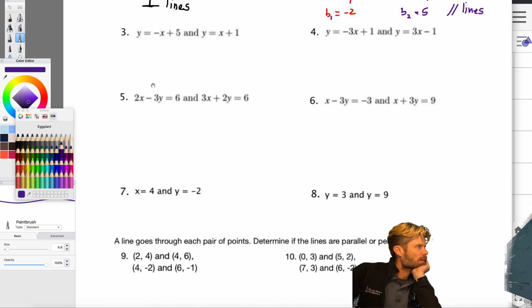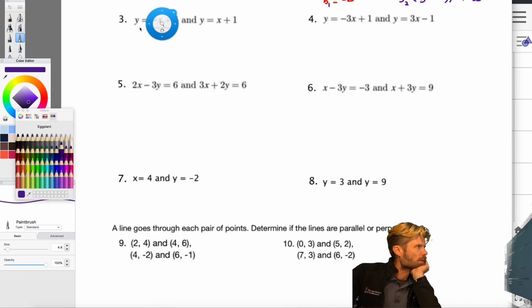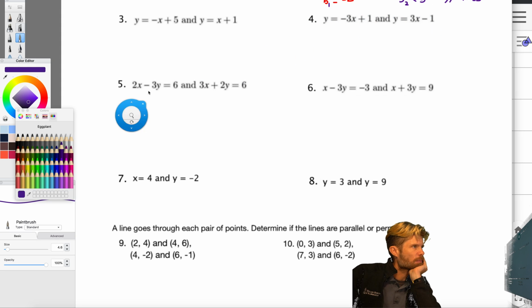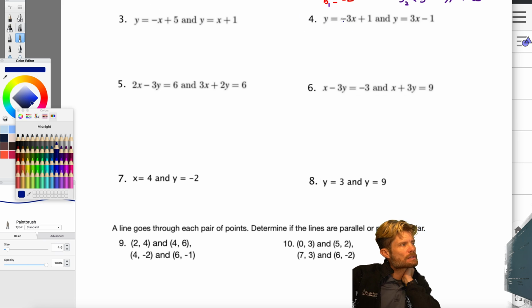So let's see, what do we do with number 4? I'm going to leave 3 for you to do. You do 3. I'm not skipping it. You do it. Our slope for this first line is -3/1, and the y-intercept is 1.